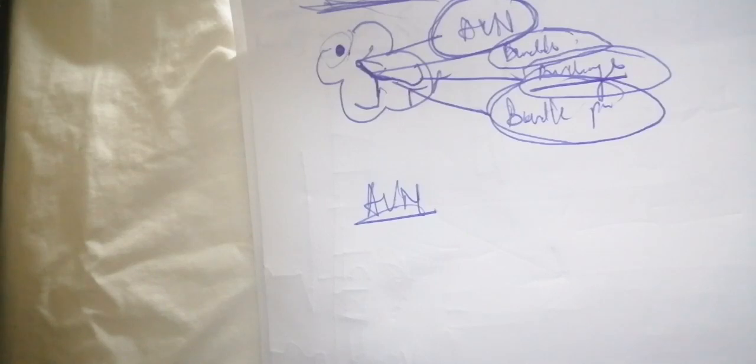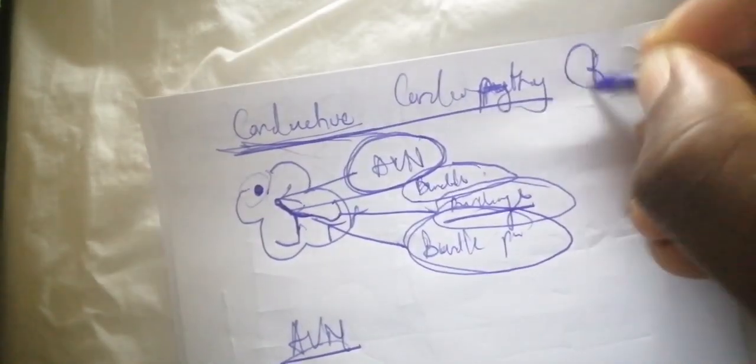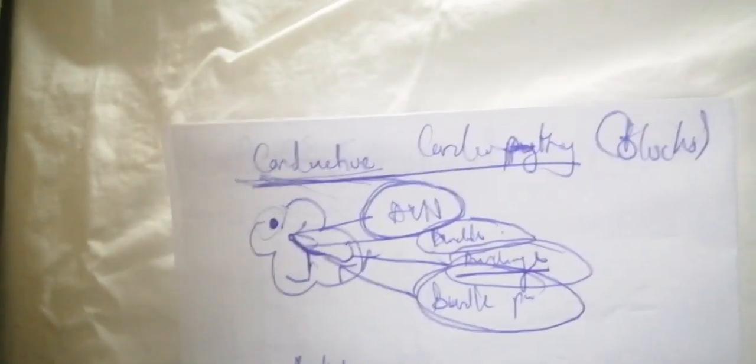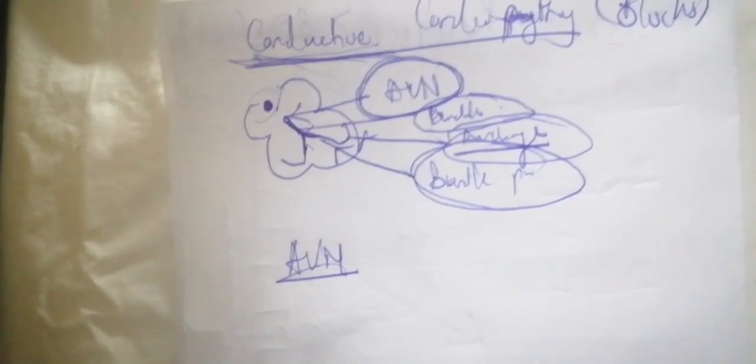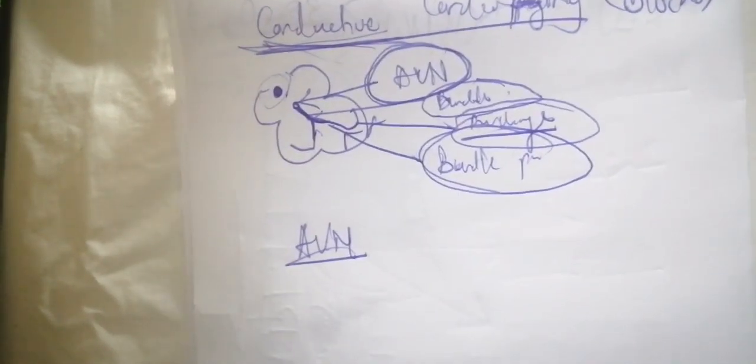Generally, when you have conductive disorders, they are termed blocks. When you see blocks, just know that it's a conductivity disorder at the level of the heart. The AV nodal disorders can be called nodal block, AV nodal block, or generally heart block.